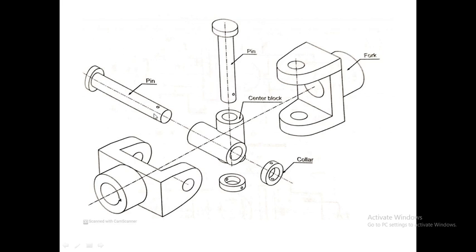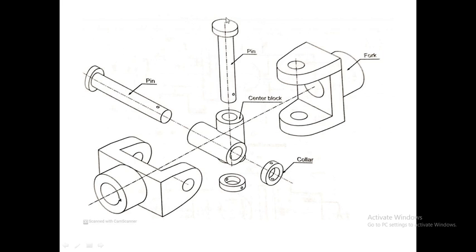So this horizontal pin will now pass through these two holes of the horizontal fork and the horizontal hole of the center block, so that both the vertical fork and horizontal fork finally get locked with the center block. So basically these pins are used to lock the center block with the vertical fork and the horizontal fork.